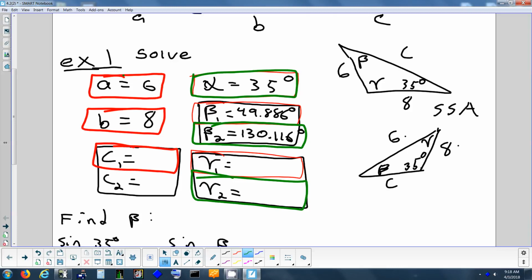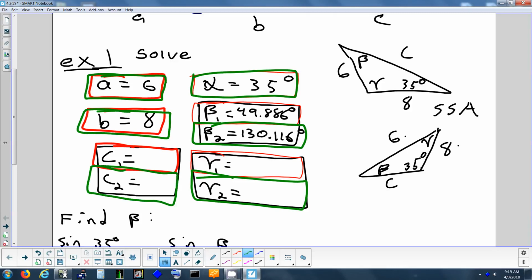These are the three sides in the green. A is shared, B is shared, and C2. So now there should be 6 green boxes, 6 red boxes: in the red, 3 sides, 3 angles, and in the green, 3 sides, 3 angles. Okay.